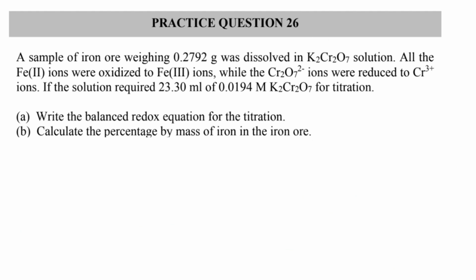Question 26. Okay, this one is almost the same as before. So we find the redox equation: Cr2O7 2 minus to Cr3 plus. Another one is Fe2 plus oxidized to Fe3 plus.